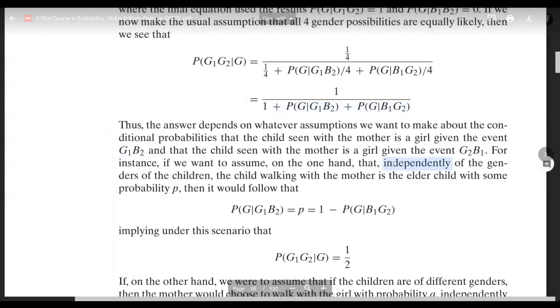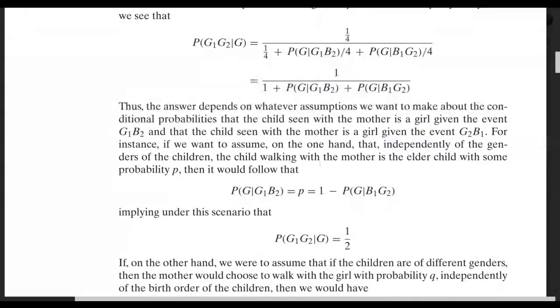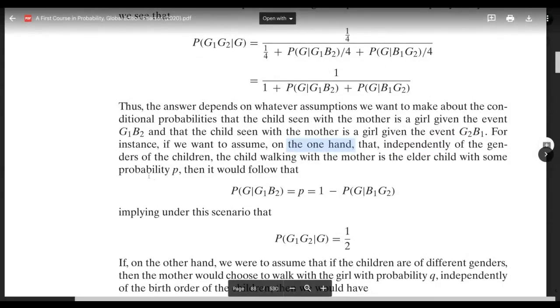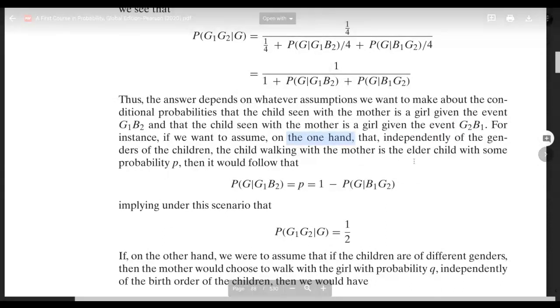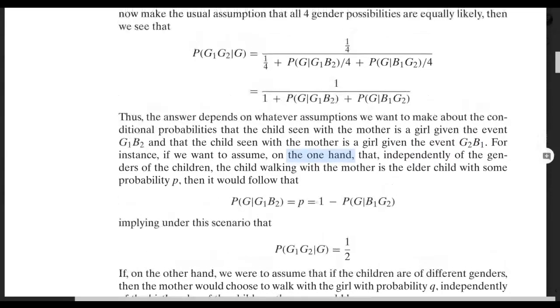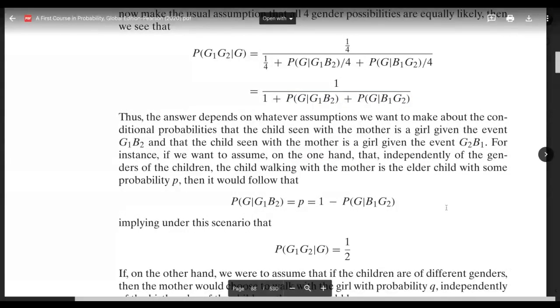That's these two situations. For instance, if we want to assume on the one hand that independently of the genders of the children, the child walking with her mother is the elder child, right? If it's the elder child, this one would be a girl, then this one would be 0.